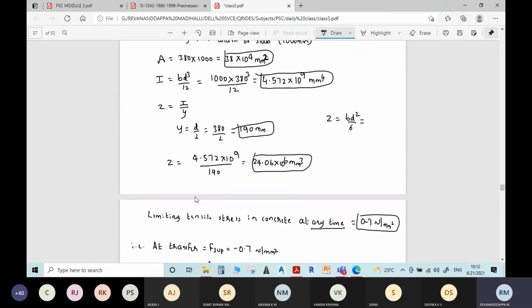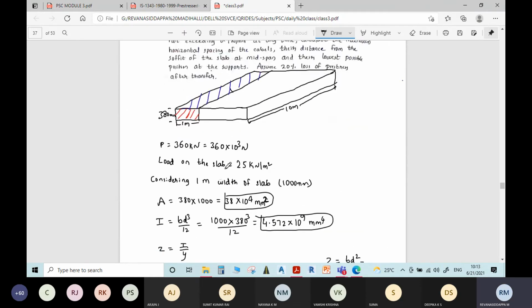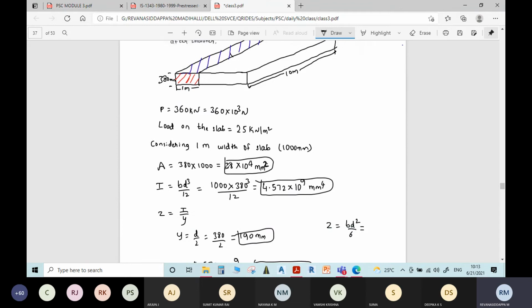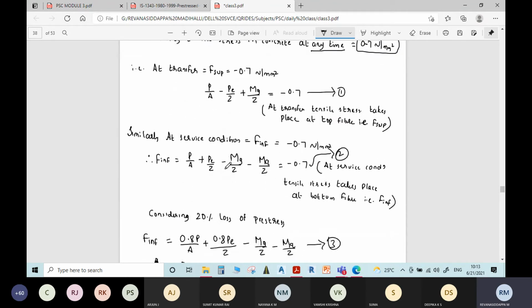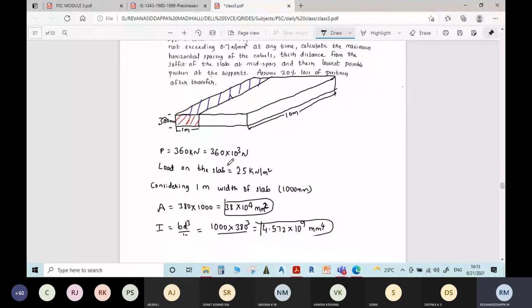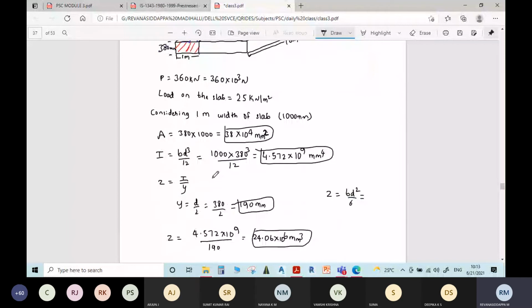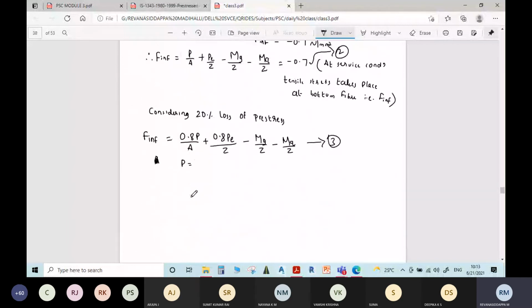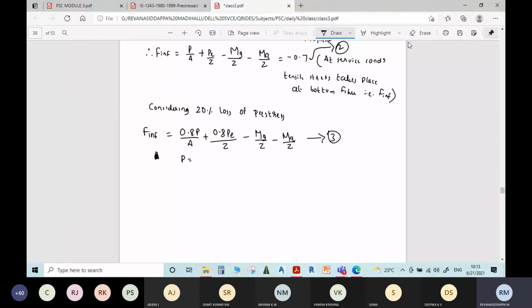The pre-stressing force in the problem is given as 360 into 10 power 3 Newton. This is at transfer condition. So at working condition we don't know exactly the pre-stressing force. P is unknown. Let it be as it is. Cross sectional area of the slab is known.